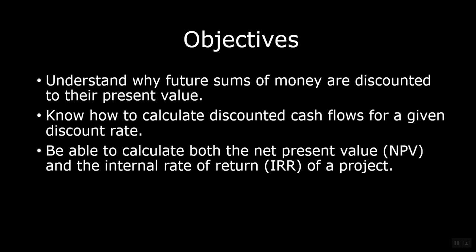we're going to calculate two things: net present value, which is what we get for discounting our future sum, and the internal rate of return. Both of these are functions which companies use to determine the value of doing an investment.